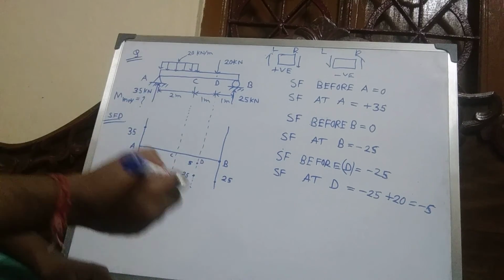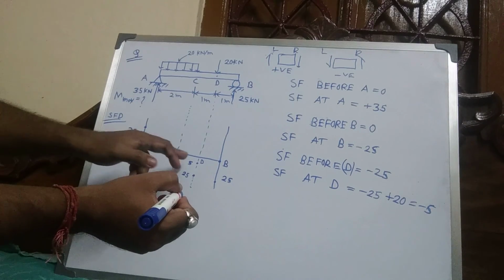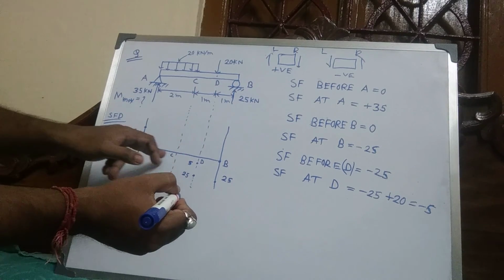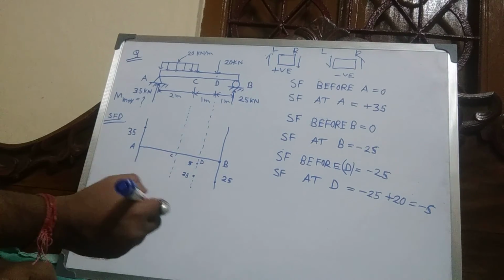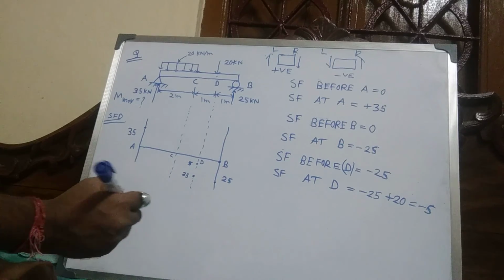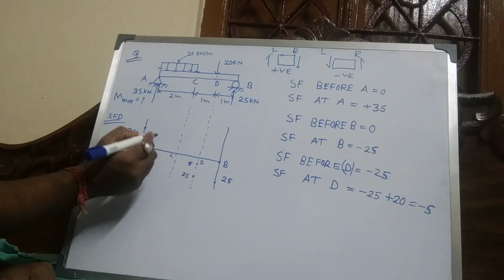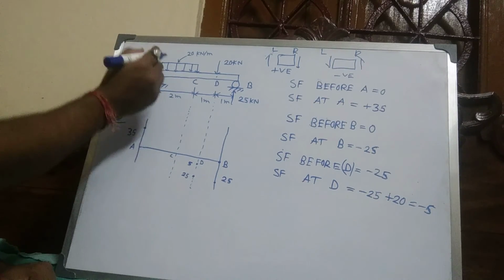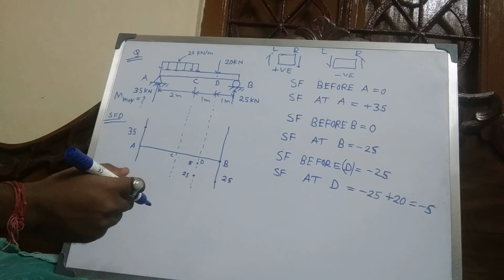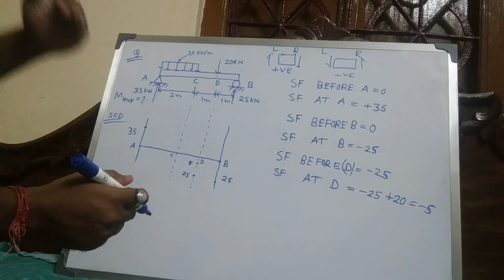And there is no shear force, so this is also constant. Now, with a UDL, the shear force diagram is an inclined straight line.